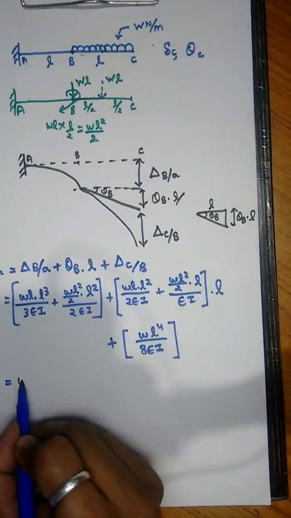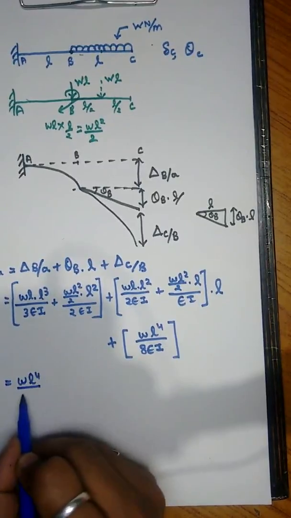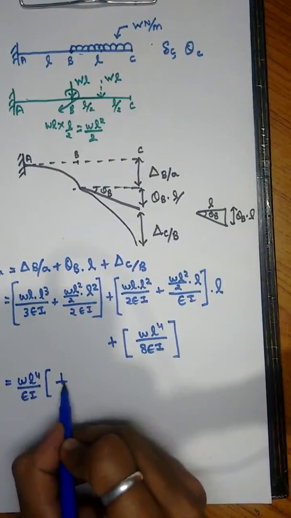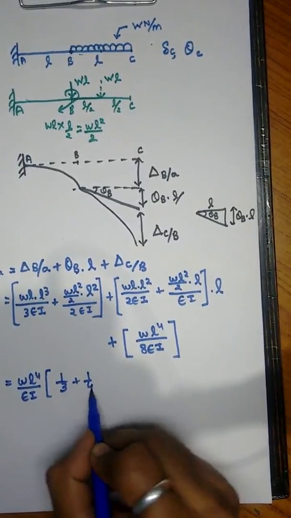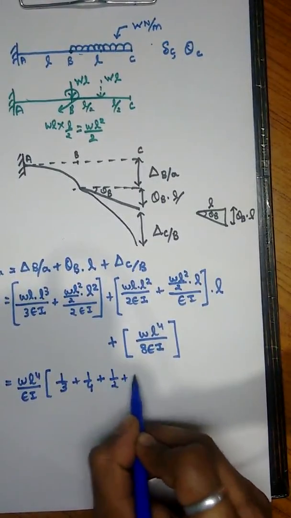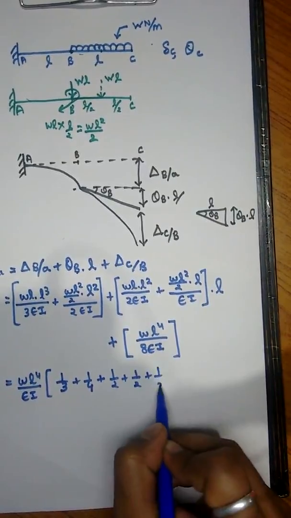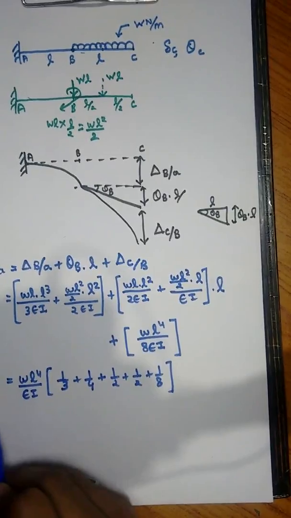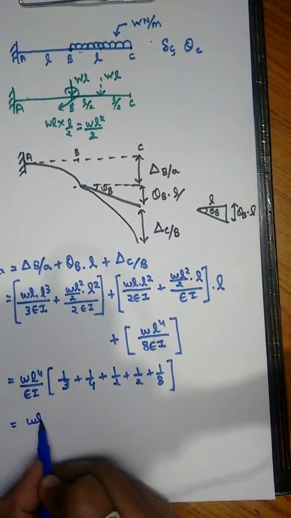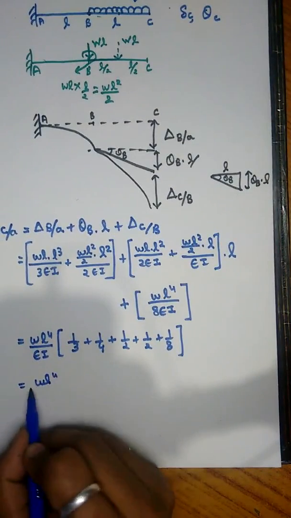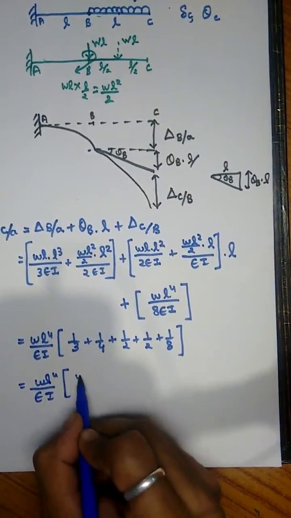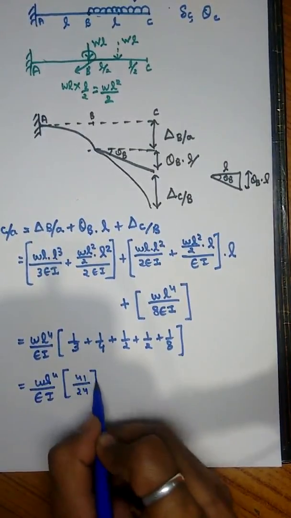So we take the value WL to the power 4 upon EI as common. So the value is 1 by 3 plus 1 by 4 plus 1 by 2 plus 1 by 2 plus 1 by 8, which is WL to the power 4 upon EI into 41 by 24.